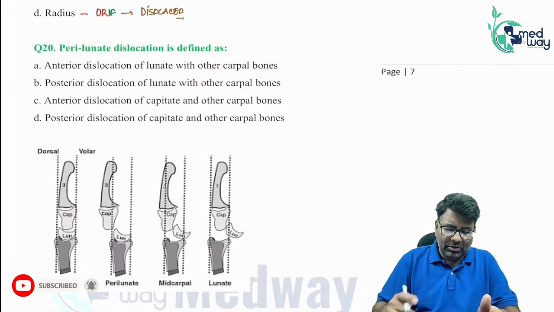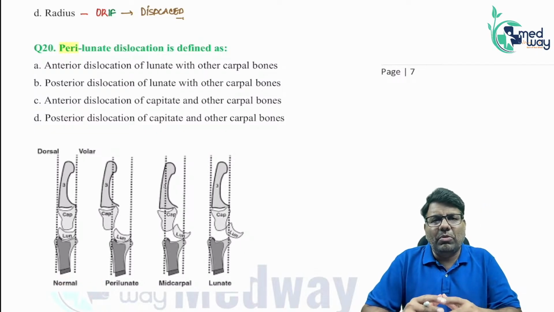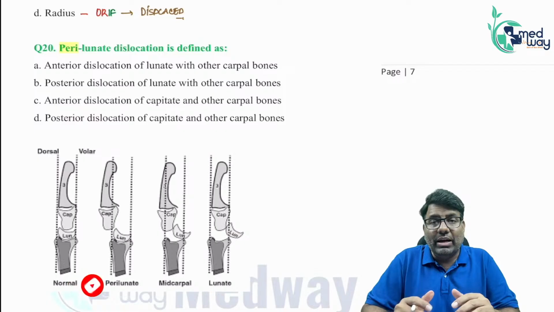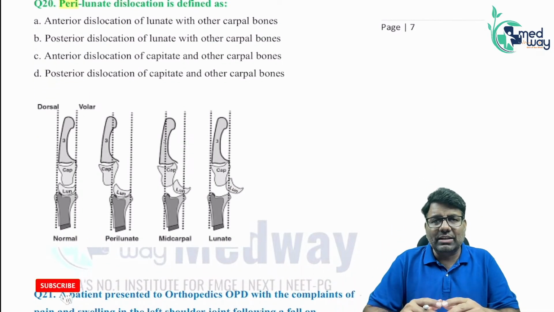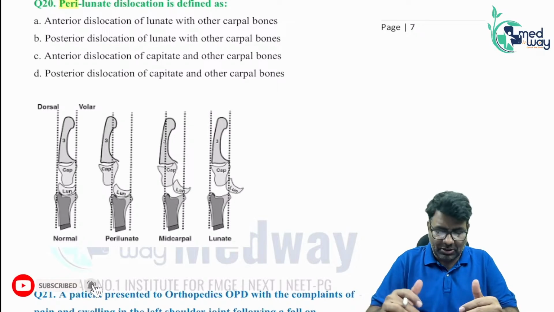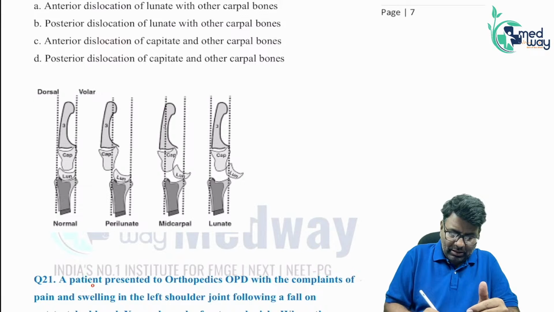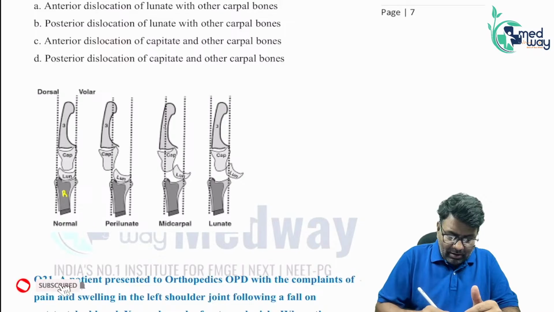Then moving forward to perilunate dislocation. Now this is one very important entity, because there is one entity that is lunate dislocation and another entity that is perilunate dislocation. To understand this, we have to understand the anatomy around the wrist joint. Looking at this image, this is the lower end of radius. Then this is the lunate bone here.